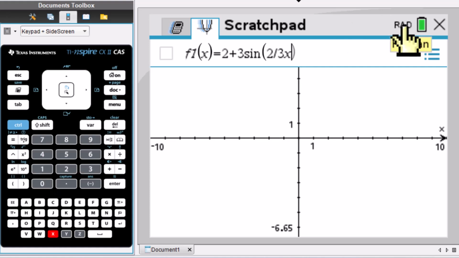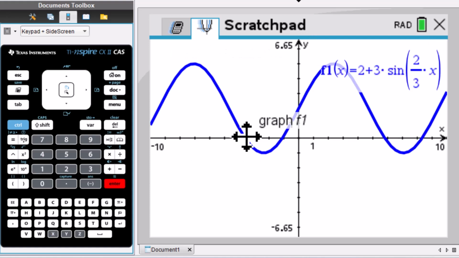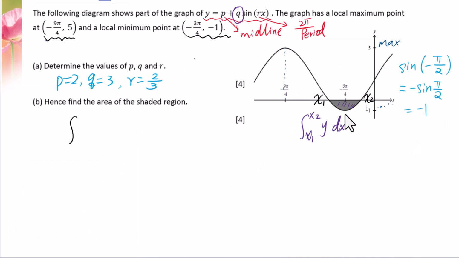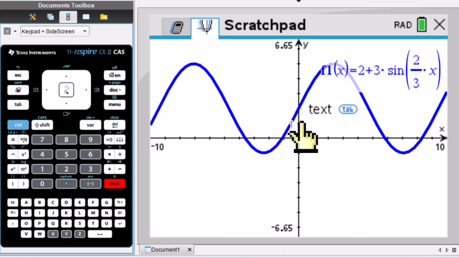Make sure this is in radians, then enter. This will be x1, this is x2. Let's check back. This is the y-axis, this is the x-axis. This is x1, here's x2. Go back to this graph. This will be your x1, this is x2.